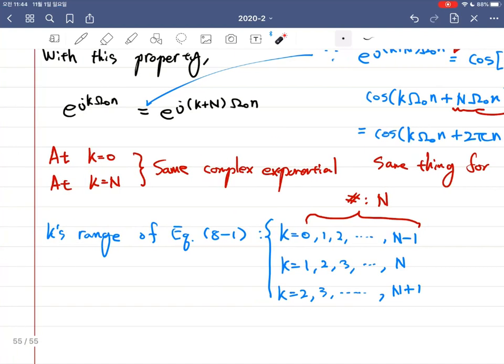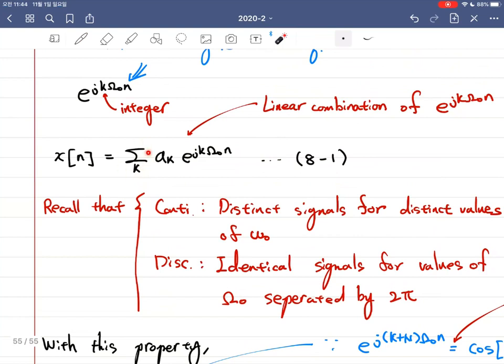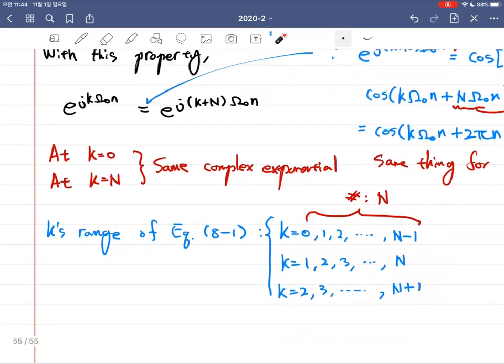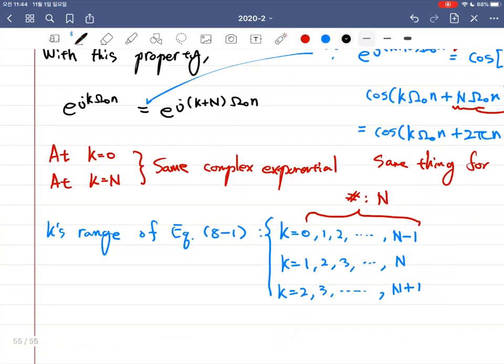So now we know that we don't have to do the summation for infinite times as we did for continuous time. So now we can say that our expression of the basic signal for discrete time can be formulated as the summation for only one period. Inside the summation, we have a_k times this complex exponential.